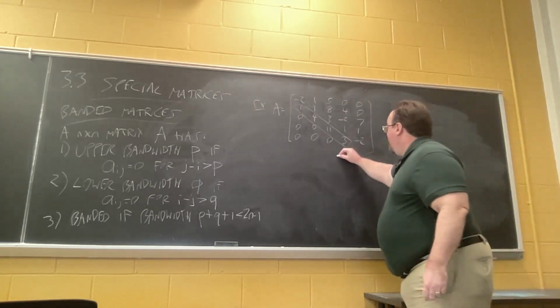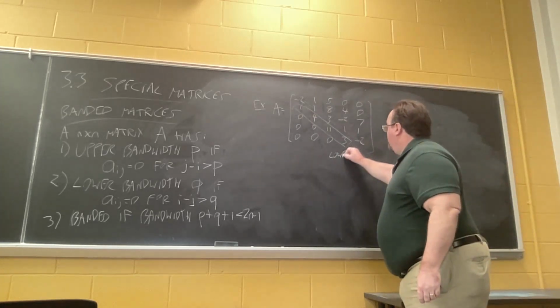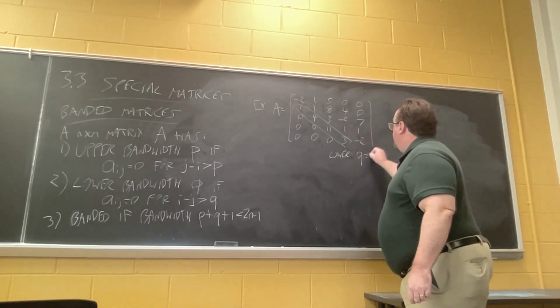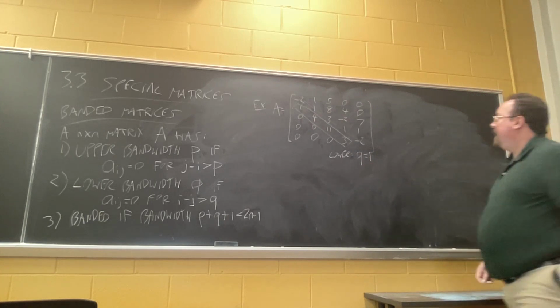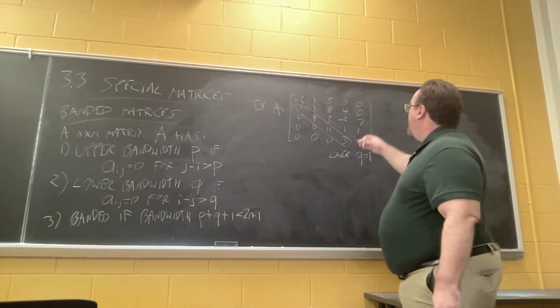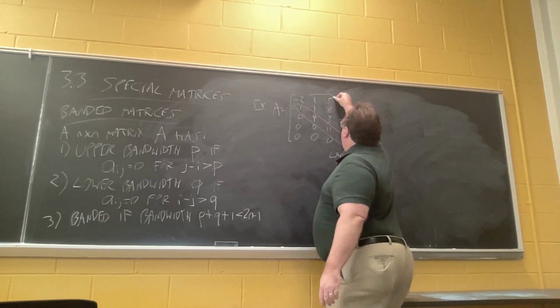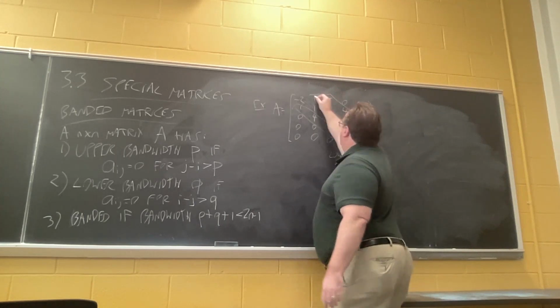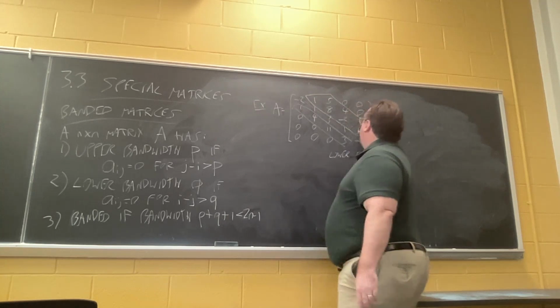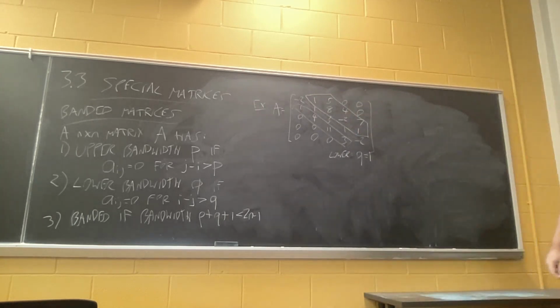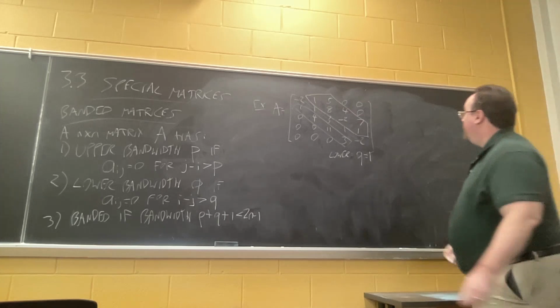So the lower bandwidth Q is equal to 1 in this example. And then above the diagonal, here's our upper band. So we have non-zero entries in the first 2 diagonals above the main one.